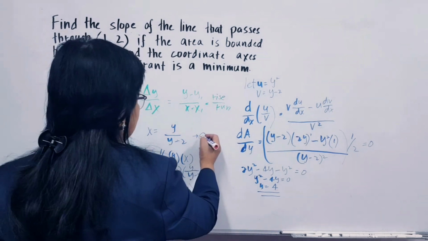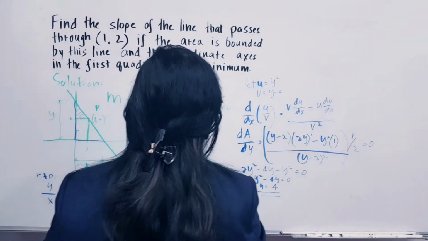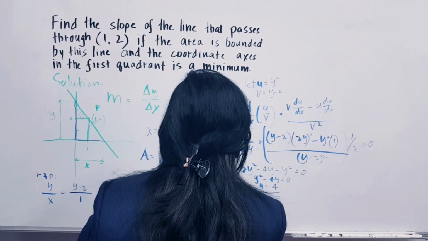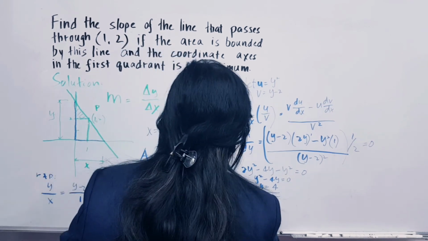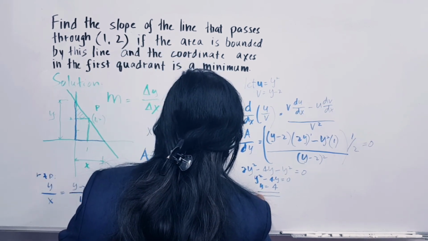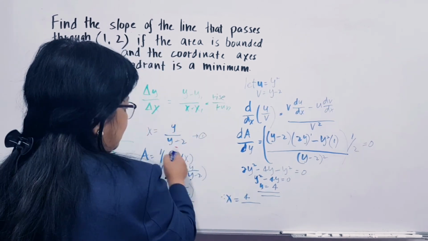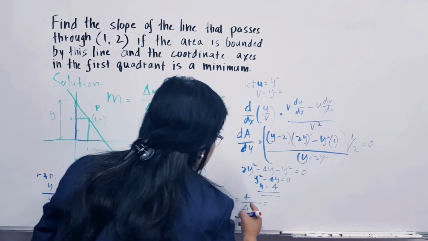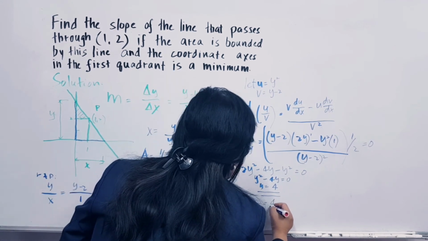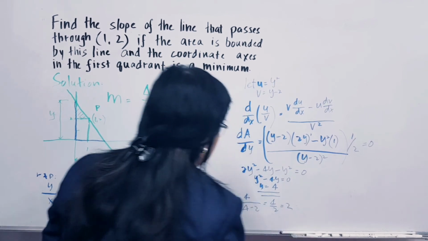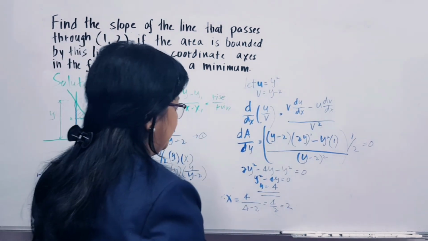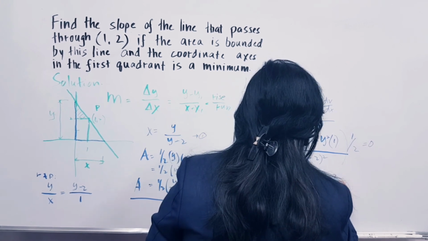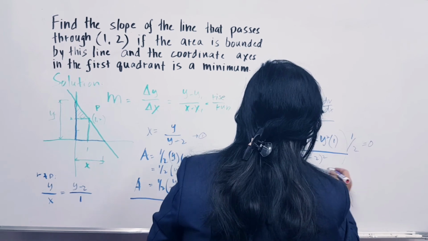From this equation, we can substitute the value of y. So x is equal to y, which is equal to 4, divided by y minus 2, which is 4 minus 2. Therefore, 4 over 2 is equal to 2. So we now have the value of x, which is equal to 2, and y, which is equal to 4.